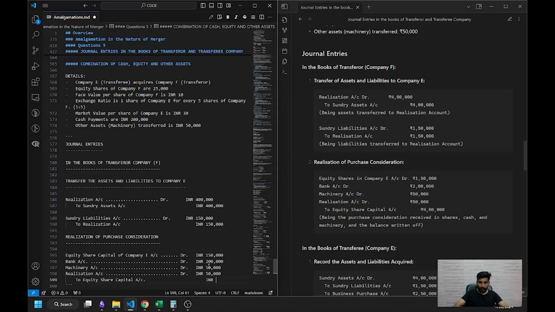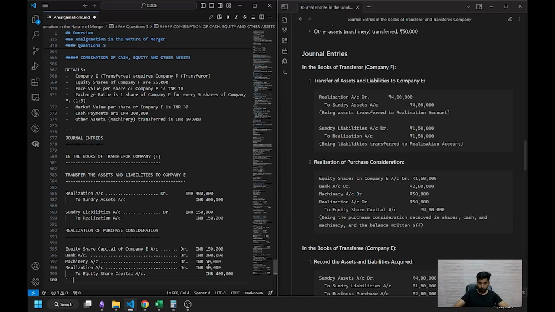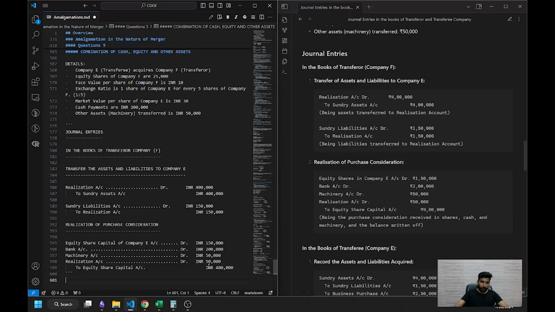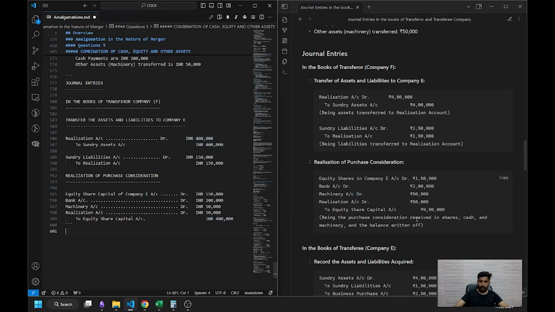And the remaining will be the balancing figure, that is the equity share capital of rupees 4 lakhs. So basically, we discharged these amounts by issuing the equity share capital of rupees 4 lakhs. This is what the entry says. Now, this will be the entry in the books of the transferor company.